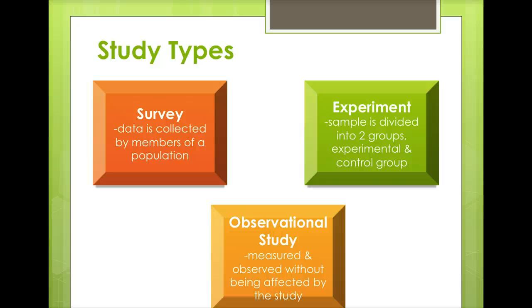An experiment is when you take a sample and you divide it into 2 groups, an experimental group and a control group. The experimental group is the group that you give the change to, versus the control group, you keep status quo. You don't apply a change to them, and then you compare the difference. In an observational study, you measure and observe your subjects without affecting them.